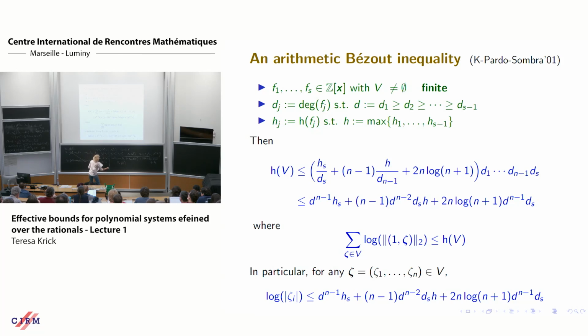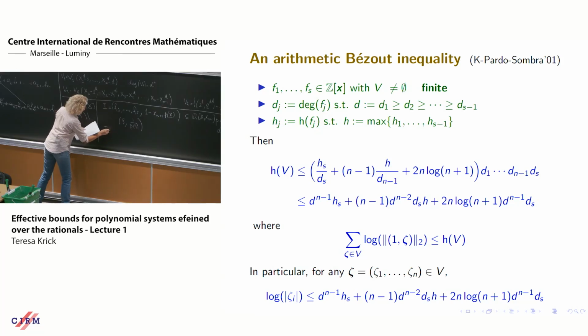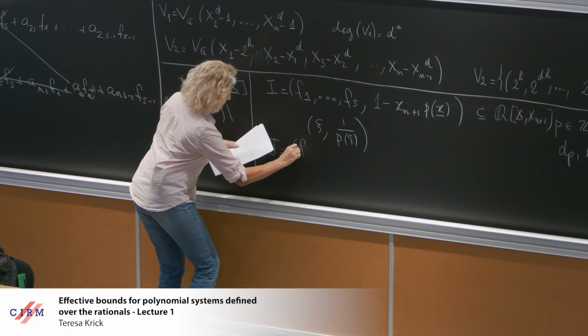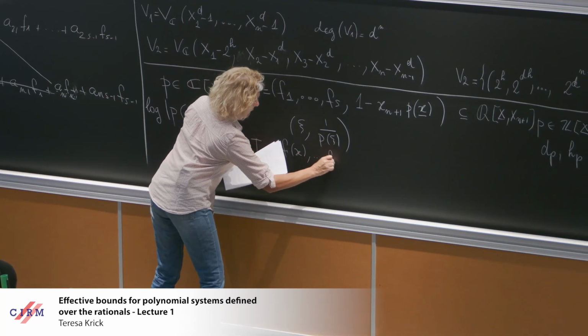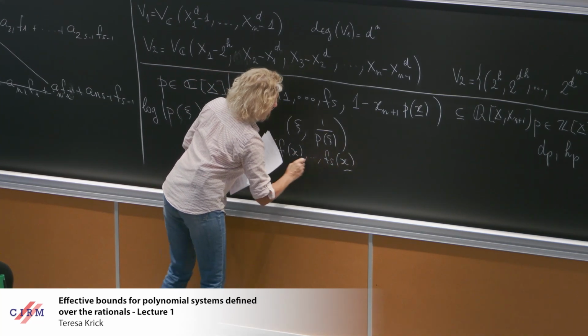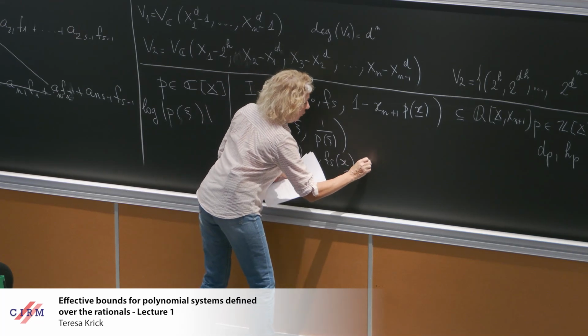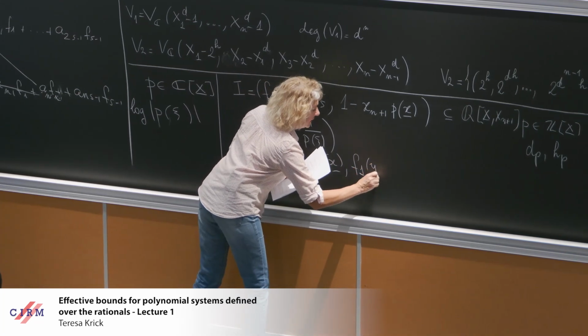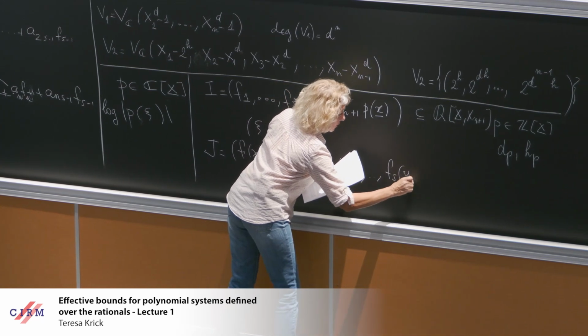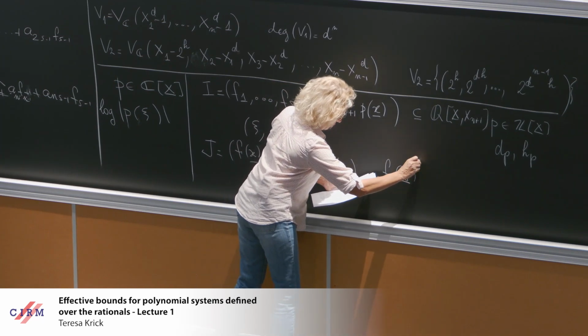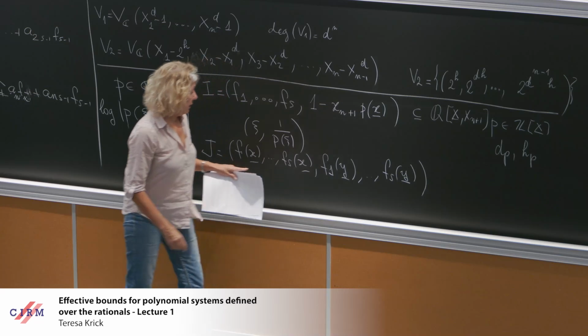So if you take now as the ideal J, you take f1 of x, ..., fs of x, and then you add more variables, y's. Okay?